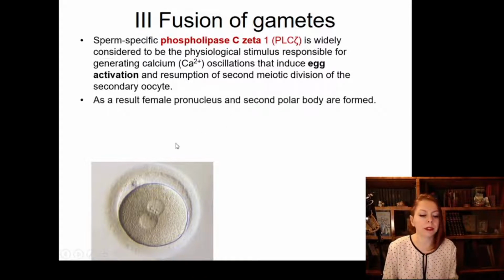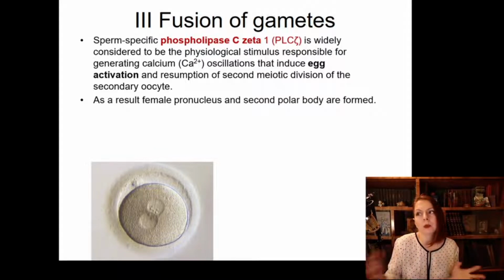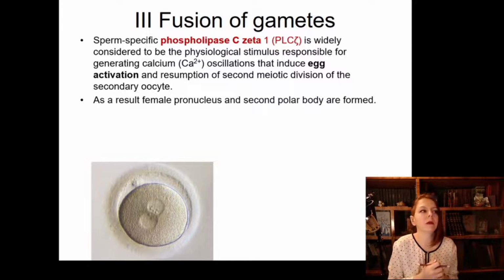Then what happens? The female metaphase plate resumes the second meiosis, and the female pronucleus is formed. As I told you, the oocyte just after ovulation has no nucleus of its own, it is in metaphase. So only in case a spermatozoon fertilizes this egg, the metaphase plate then goes to anaphase, and the second meiosis is complete only in case of fertilization.